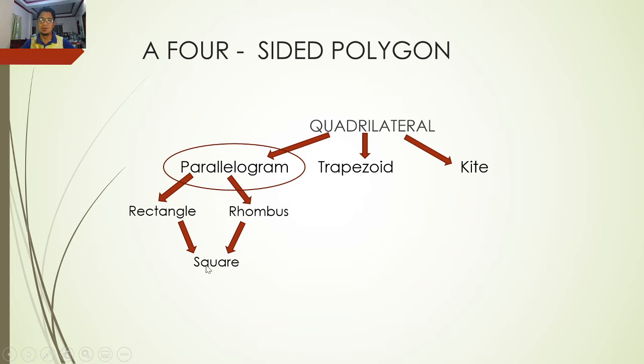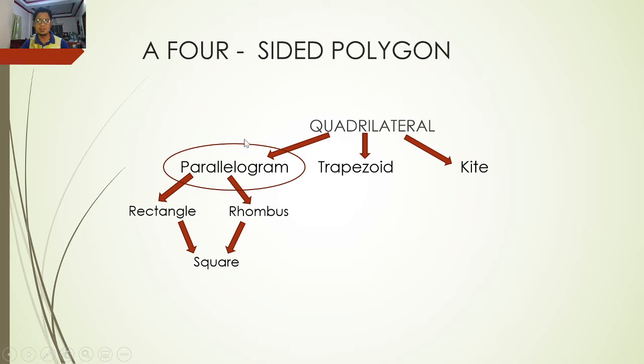Okay? Now, bago ko malimutan, uulitin ko ulit, yung direktang nasa itaas nila, lahat ng characteristic nito, taglay nung nasa baba niya. Halimbawa, ano nga yung quadrilateral? It is a four-sided polygon or a polygon with four sides. Ibig sabihin, lahat ng nasa ilalim niya, four-sided polygon yan.